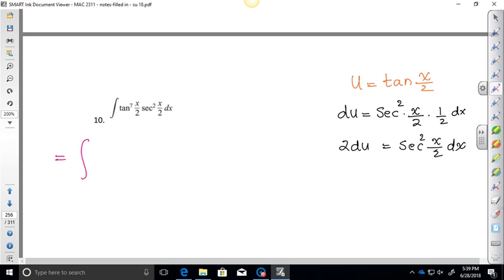So how would I rewrite this integral problem in u? Tell me. U to the 7 times 2 du. Yes. You can pull the 2 out and integrate it. U to the 7 is power rule.